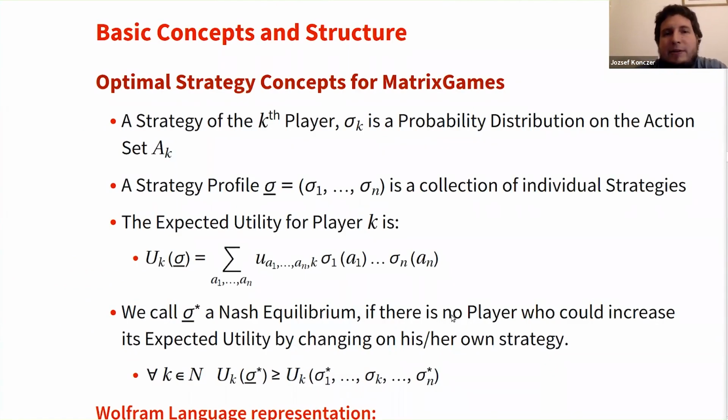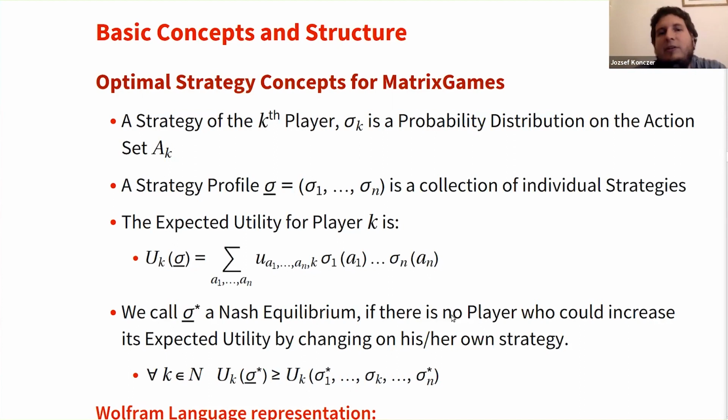Okay, so now we talked about the structure of the games. Now I want to mention really quickly what the structure of the strategies is. So a strategy for a given player is only a probability distribution on the action set. So we said that the players can randomize.